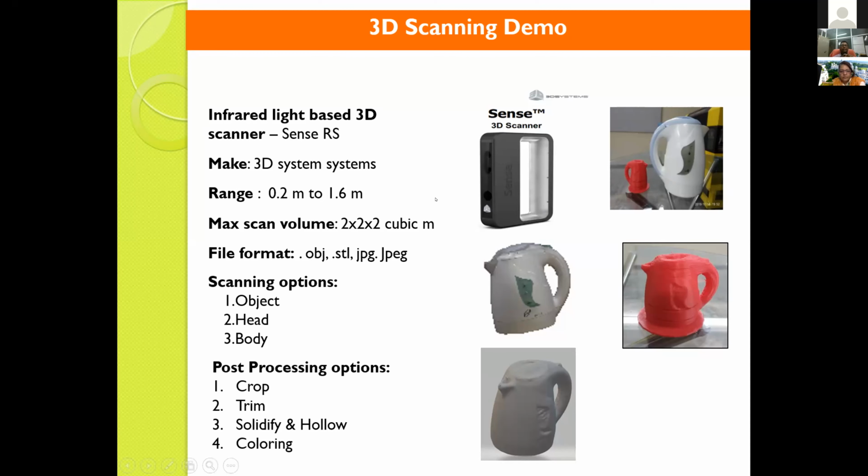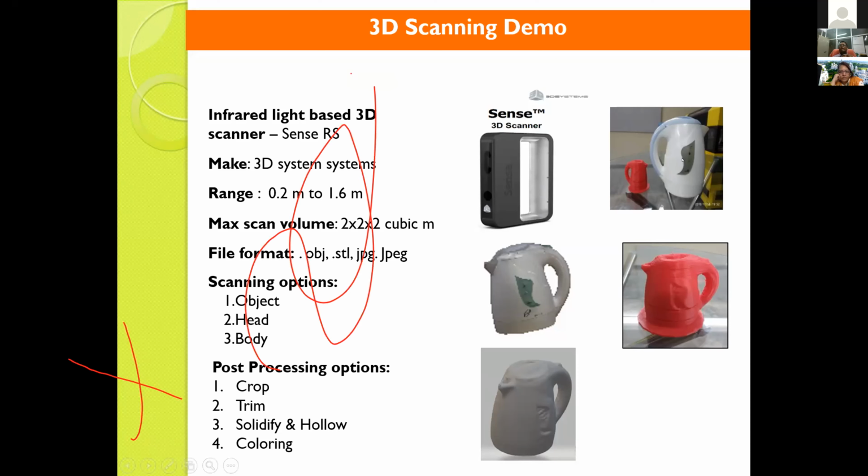But here you can see the range is 0.2 meter to 1.6 meter, and the scanning volume is big, 2 by 2 by 2 meters. We scanned this kettle here.